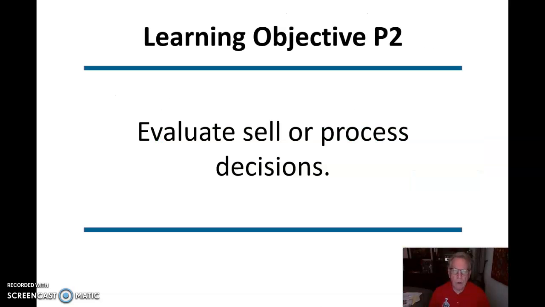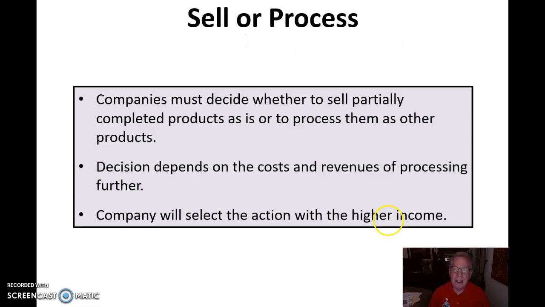So let's evaluate the sell or process decisions. Here the company needs to decide whether to sell partially completed products as is, or process them further into another product.